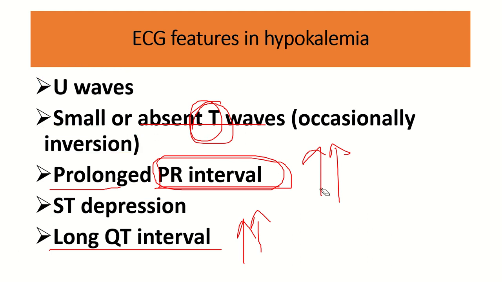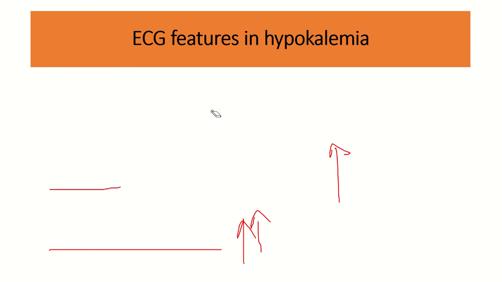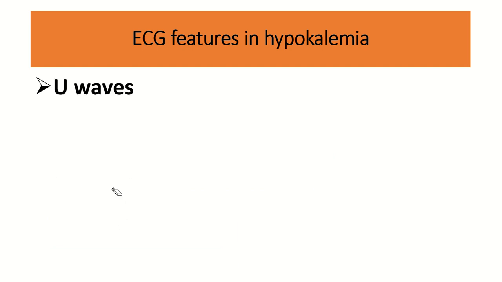In short, again, as these clinical features are very important, let us start from the beginning. The U wave appears, which is a very important feature of hypokalemia.